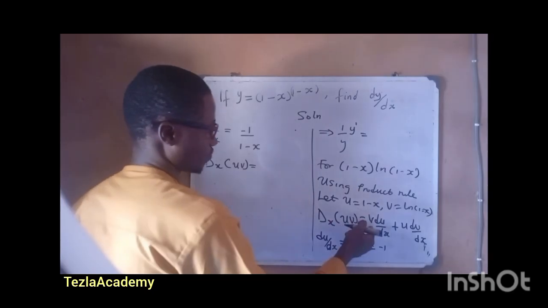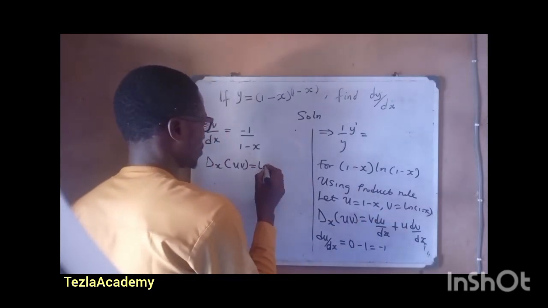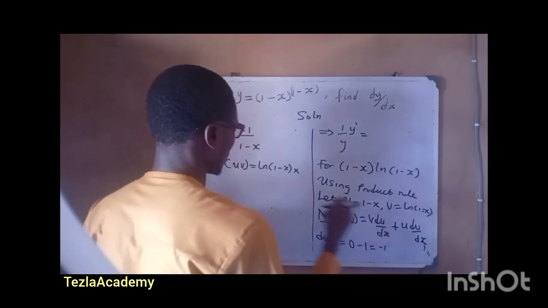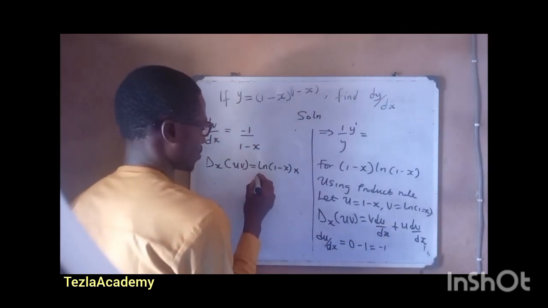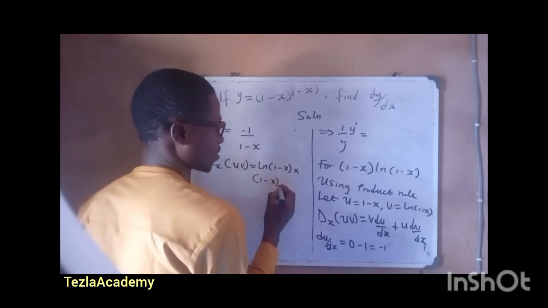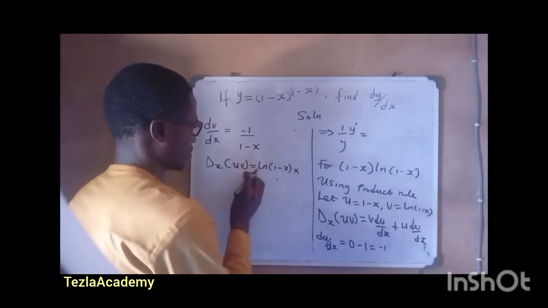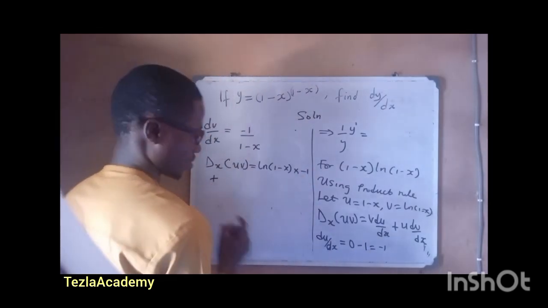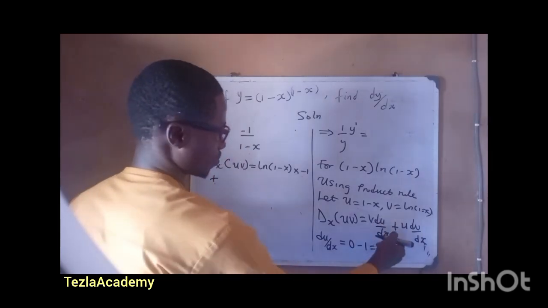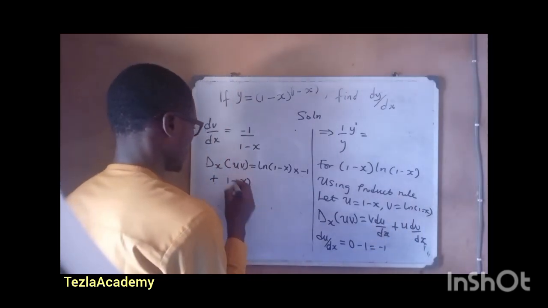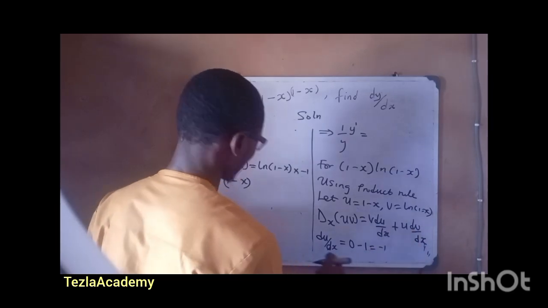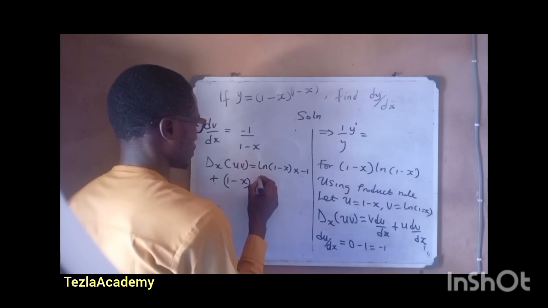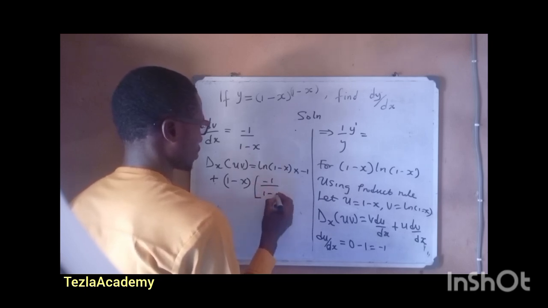The derivative of uv with respect to x, combining what we have just done, is equal to v, which is ln(1 minus x), times du/dx, which is minus 1, plus u, which is 1 minus x, times dv/dx, that's minus 1 over 1 minus x.